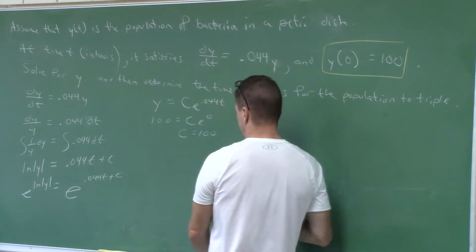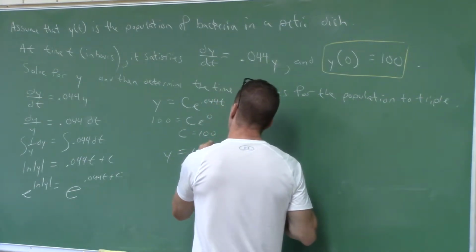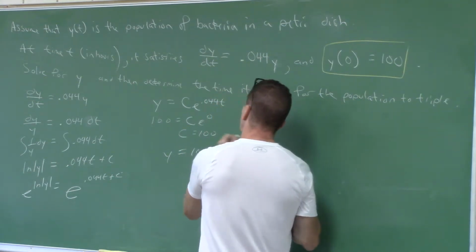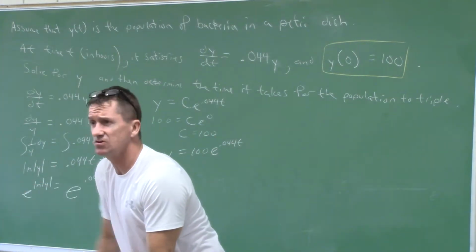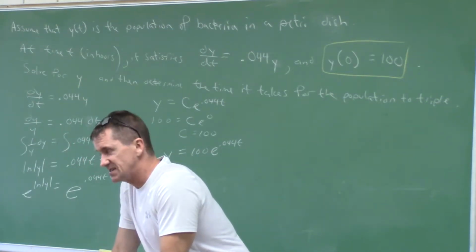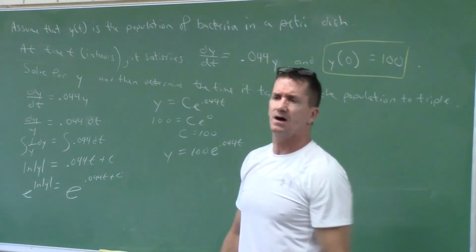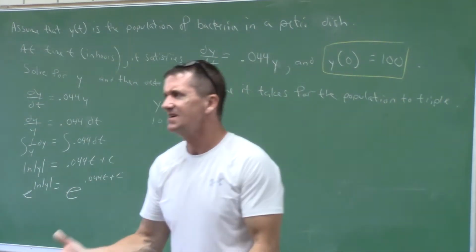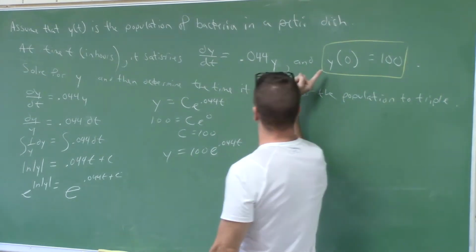The initial amount. y equals 100e to the 0.044t. It's interesting. You might ask, is C always the initial amount in every problem we do in this course? Not necessarily. That didn't happen with Newton's law of cooling. Remember we got C equal to 75? But in this problem it is. It turned out to be just the initial amount.